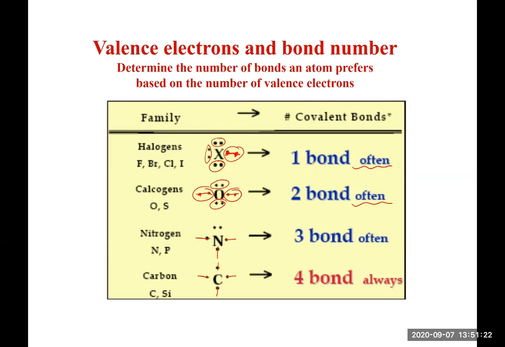Those in nitrogen's group column or family, 5A, they're going to want to form 3 bonds most often because they all have 5 valence electrons. But carbon is a special exception. Carbon always wants 4 bonds. Carbon is like the most spoiled child you can imagine. It will be overly reactive until it gets what it wants, and what it wants is 4 bonds, always.